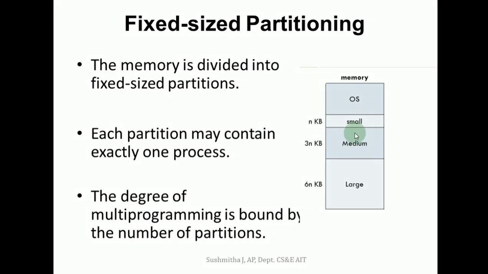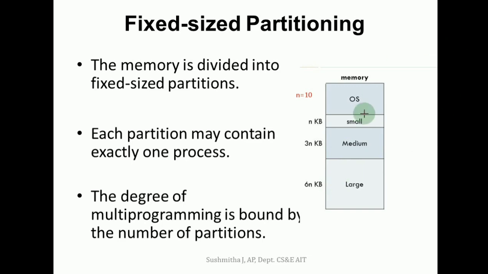Now let me take this value of n to be 10. Fine. Now if the value of my n is 10, this is a 10 KB partition, this is a 30 KB partition, and this is a 60 KB partition.